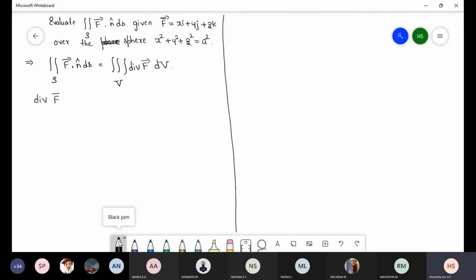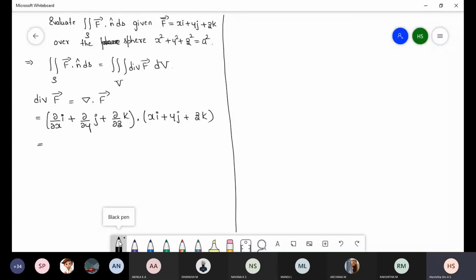Divergence of vector f is del dot vector f. So del means dou by dou x i, dou by dou y j, dou by dou z k dot xi plus yj plus zk.